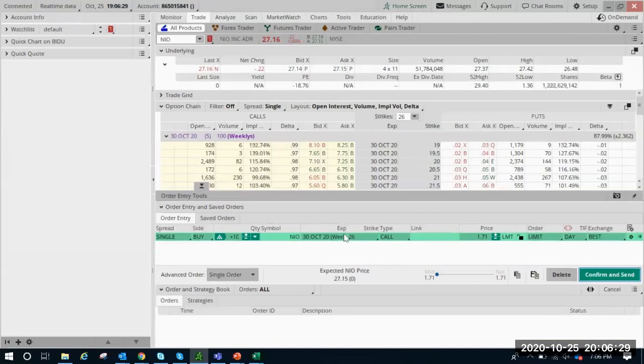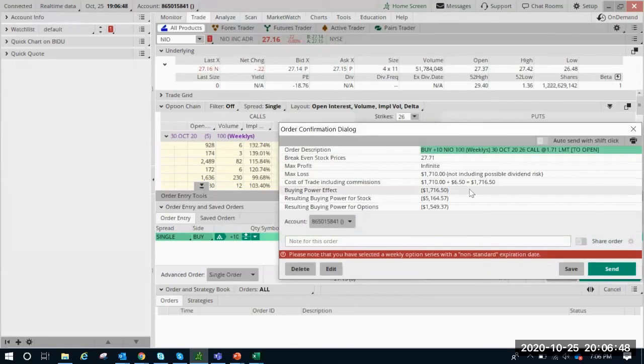If I do 10 here, I'm buying the 26 call, 10 contracts. When I try to place this order, it will give me an error, but see, it gives you 1716 because it multiplied 1.71 with 1000, because it's 10 contracts, right?